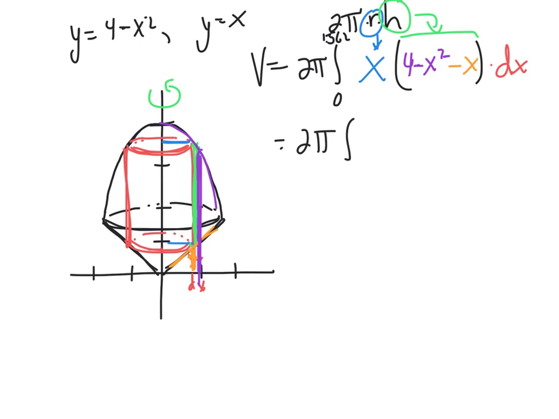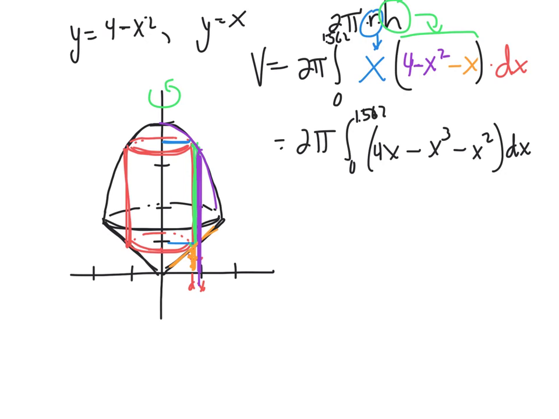Okay, let's go ahead and do this. So 2 pi times the integral from 0 to 1.562. I'm going to tidy things up a little bit, and it looks like I can distribute. So I've got 4x minus x cubed minus x squared dx.